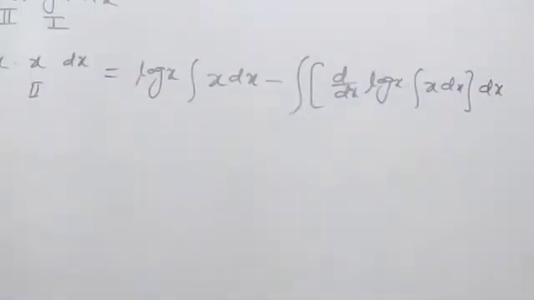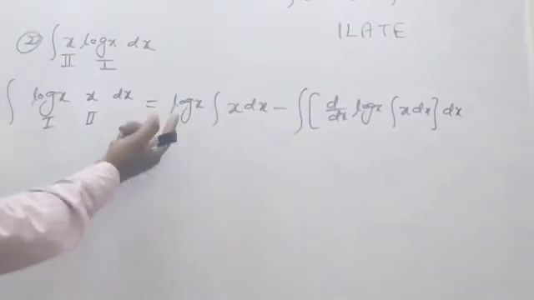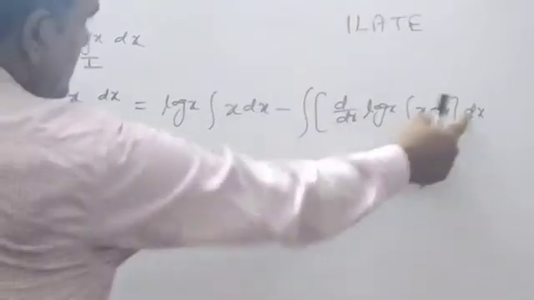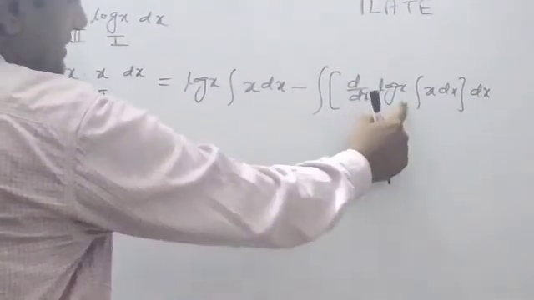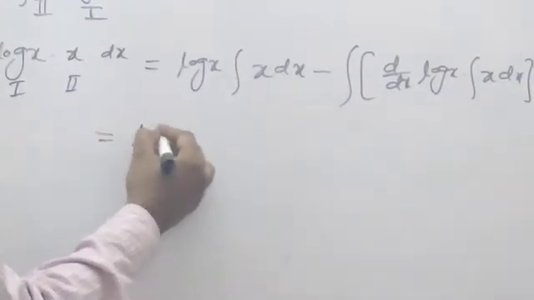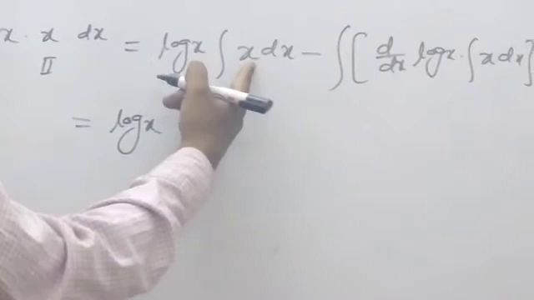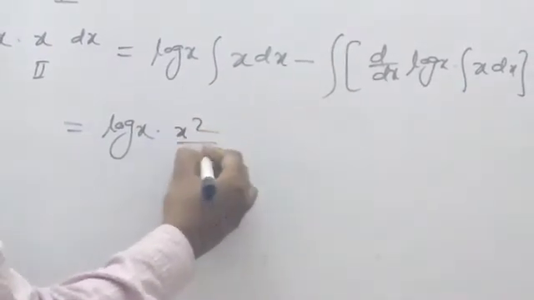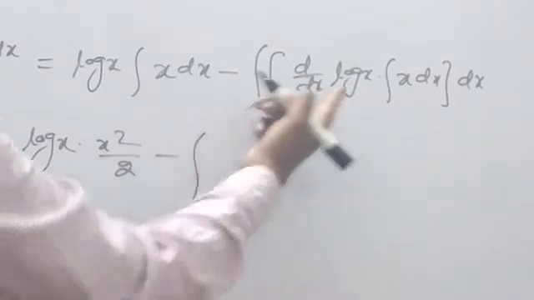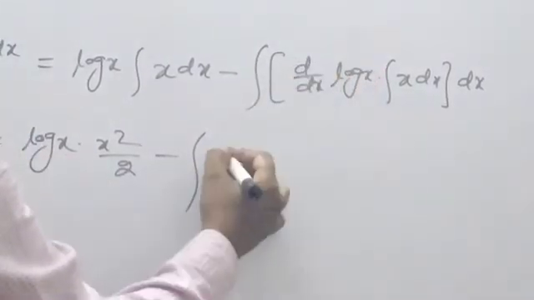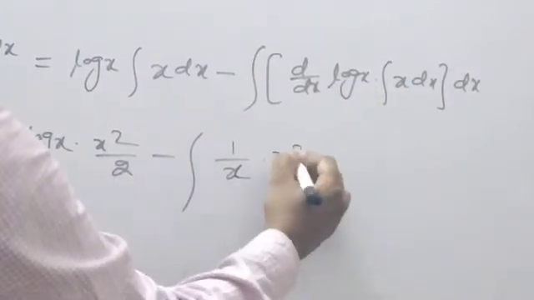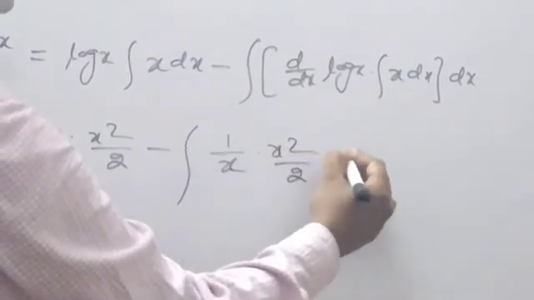This is equal to log x times the integration of x dx, which means x square by 2, minus the integration of the differentiation of log x, which is 1 by x, times x square by 2, dx.